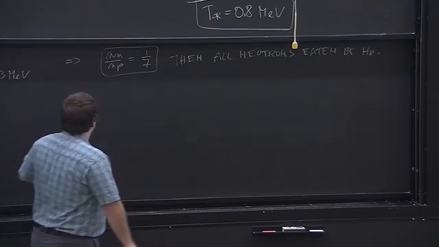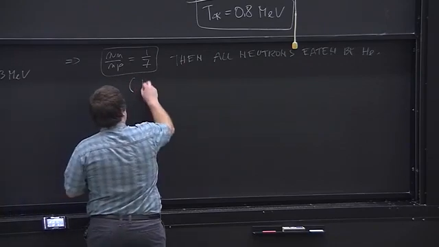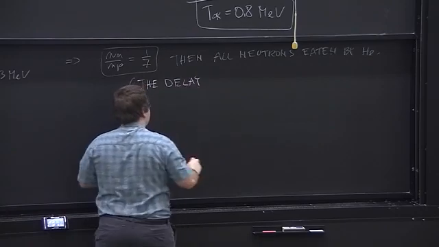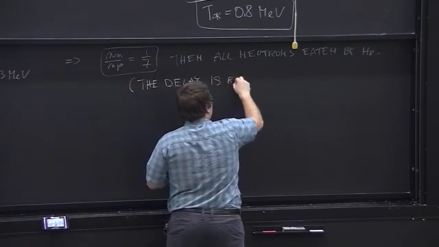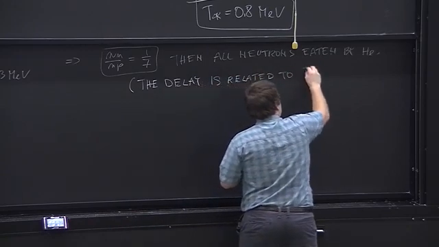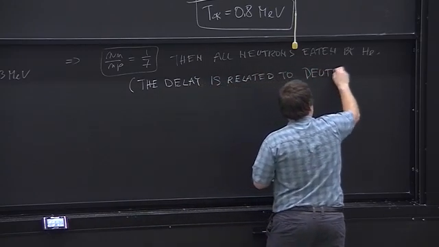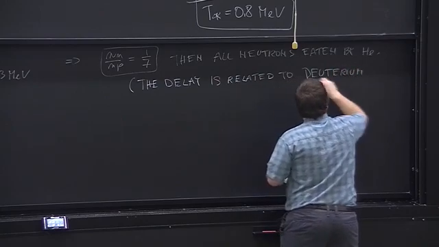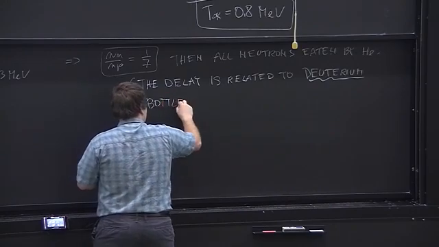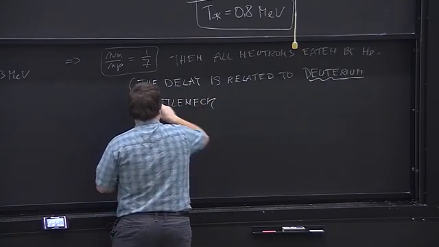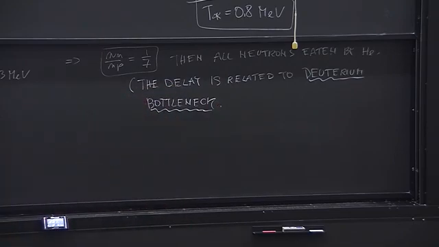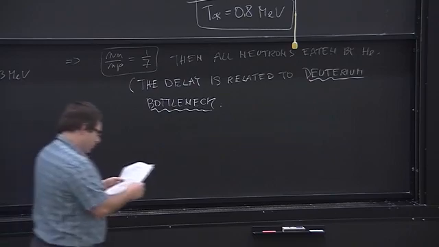And okay, let's just say that the delay, why you have to wait those 3 minutes, is related to the so-called deuterium bottleneck. Basically, you have to wait until enough deuterium is formed, and you can start fusing helium.